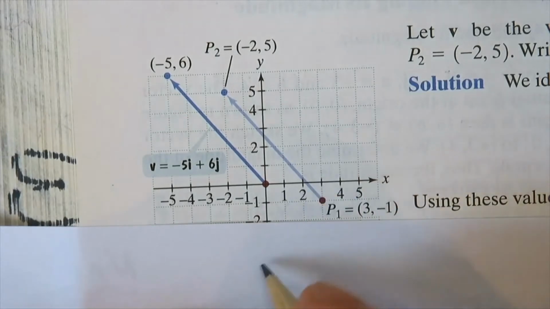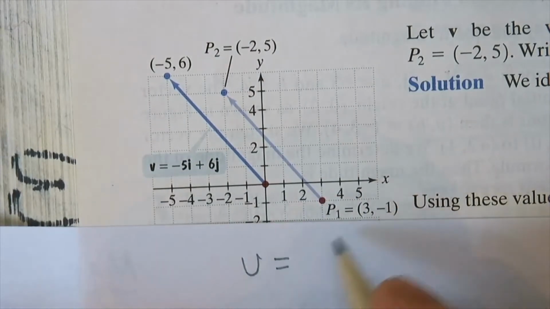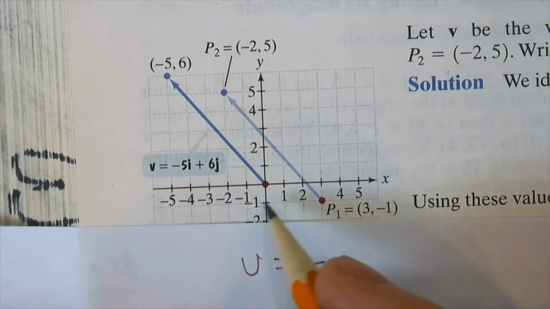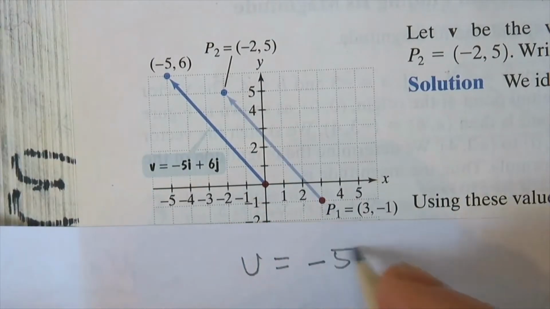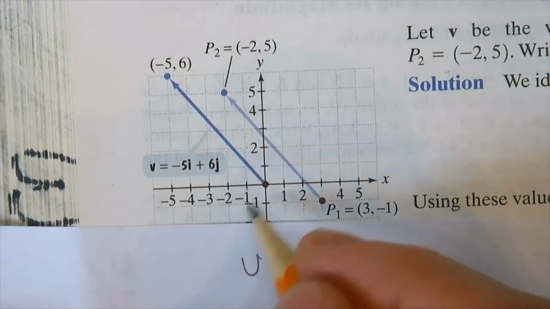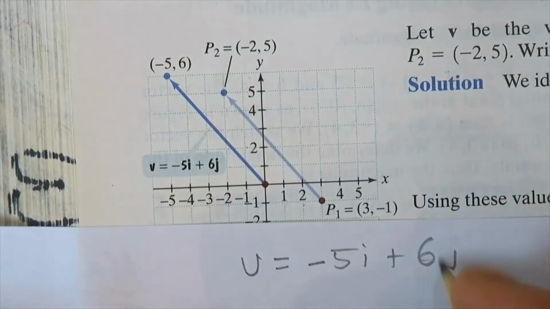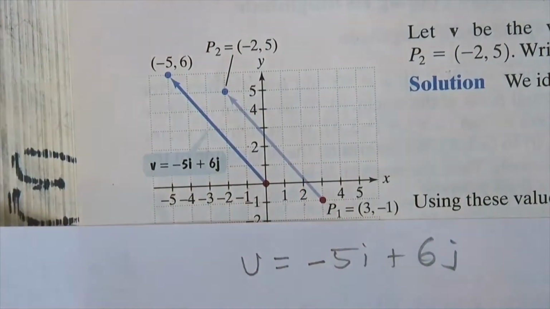So I'm going to give it a name. How about I call it vector U for a change? It's going to go back 1, 2, 3, 4, 5. And it goes up 1, 2, 3, 4, 5, 6. So there you go, negative 5i plus 6j.